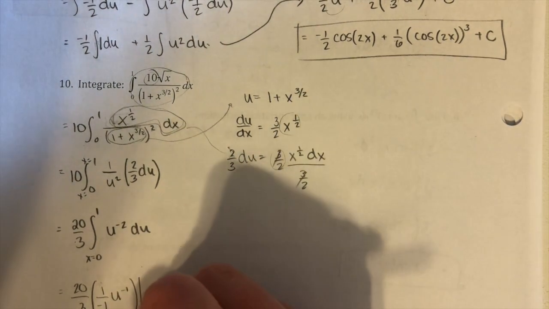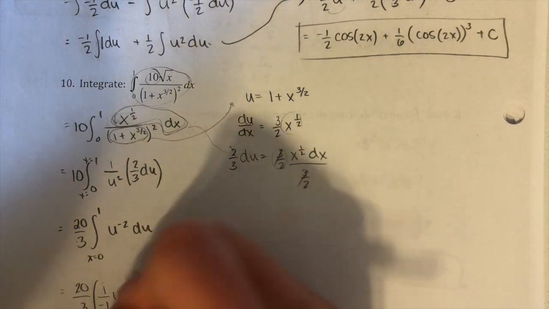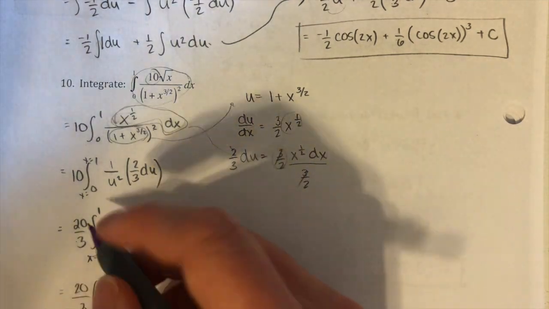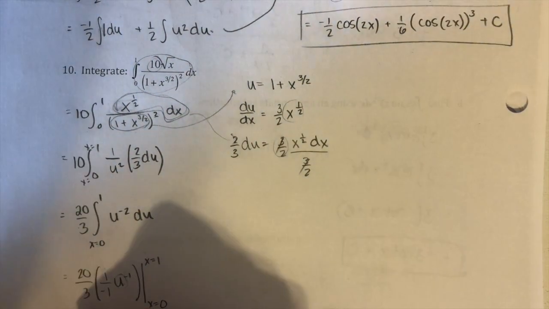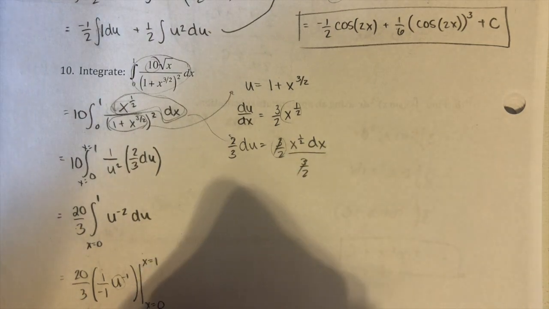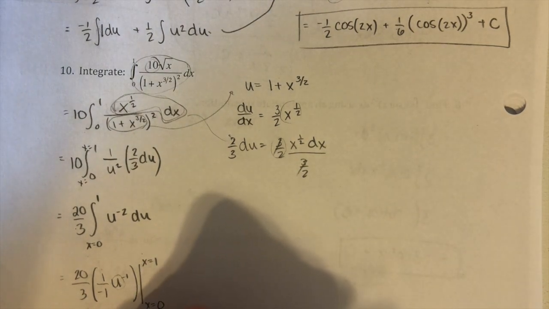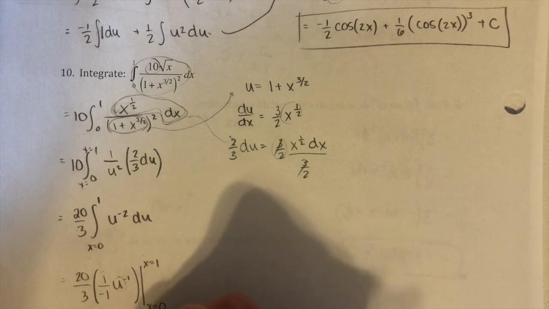And that's going to be evaluated from x equals 0 to x equals 1. So this is where we can't just plug it in here because there's no x's. So this is going to be 20 over 3, and I'm going to rewrite this as -1 over u from x equals 0 to 1.